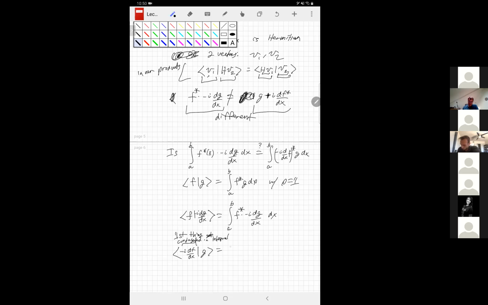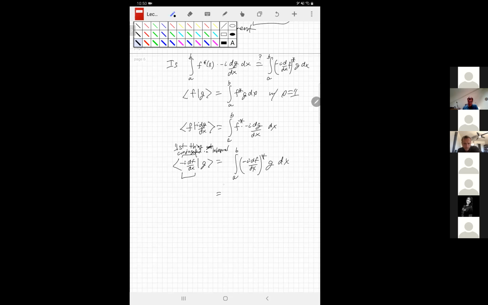So if I take minus i df/dx, and I put this whole derivative in the first position of the inner product, the whole thing gets complex conjugated, times g dx. That is, if I then complex conjugate it, I get the integral from a to b of i df star/dx times g.